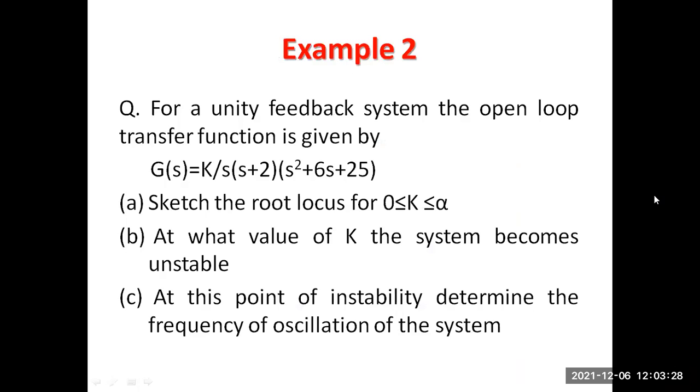Next problem. For a unity feedback system, the open loop transfer function is given by G(s) equal to K by s into (s plus 2) into (s square plus 6s plus 25). Sketch the root locus for 0 less than or equal to K less than or equal to infinity. That means we are supposed to draw the root locus, varying the value of K from 0 to infinity.